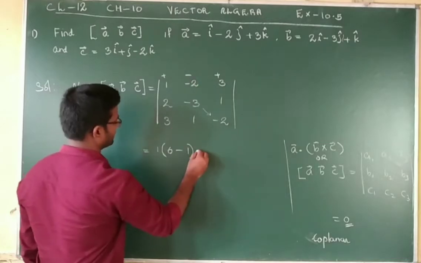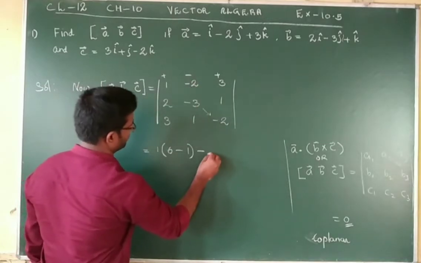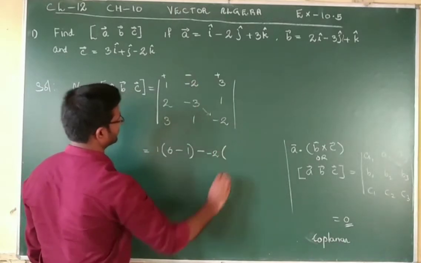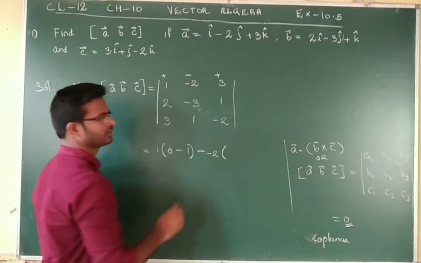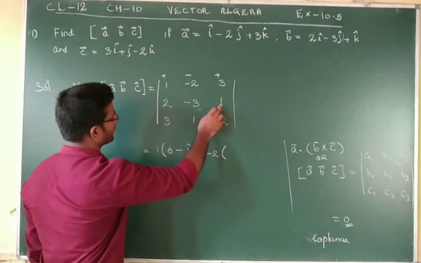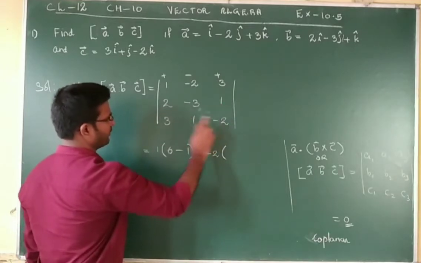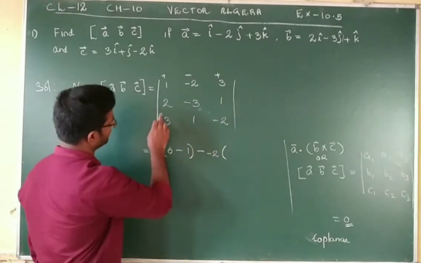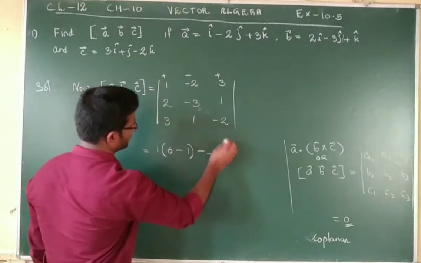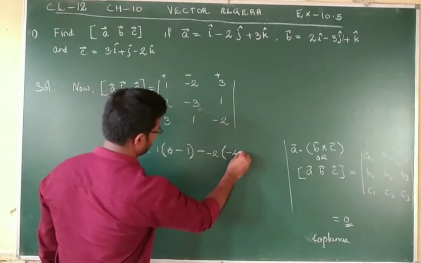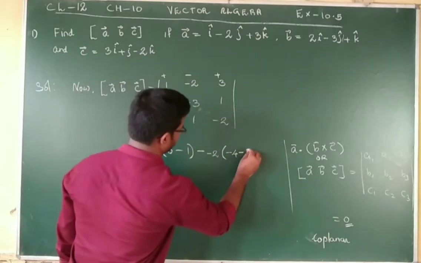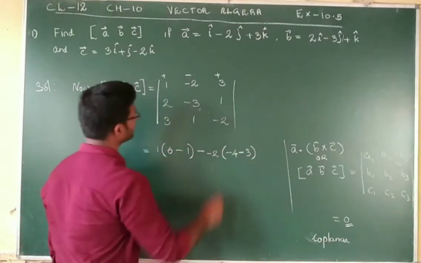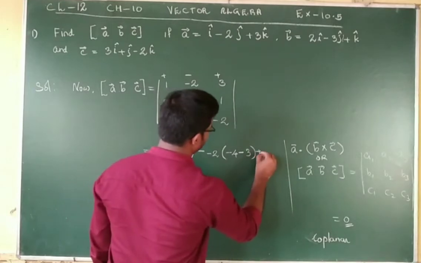Next, minus 2 into, we leave the first row and second column. Then the remaining are 2, 1, 3, minus 2. Cross multiply: 2 into minus 2 is minus 4, minus 3 into 1 is 3. Then plus 3.